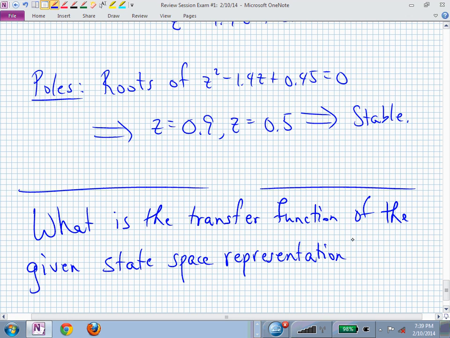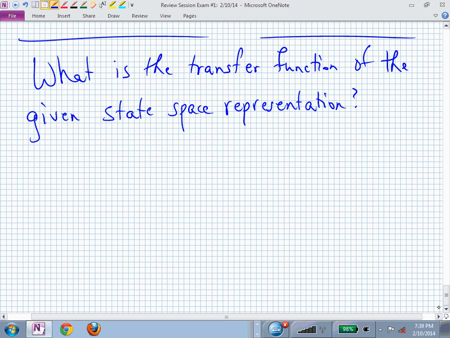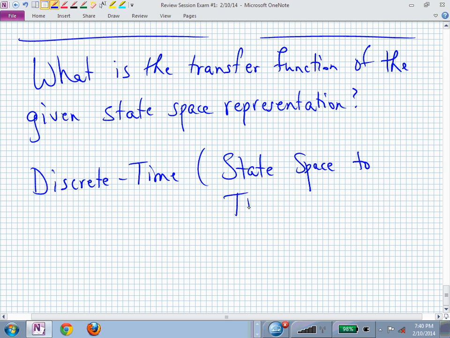And now we're going to derive the formula that I just gave you before. So this is now the discrete time. If you're texting this, SS to TF, right? State space to transfer function.